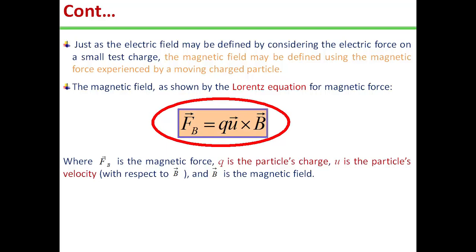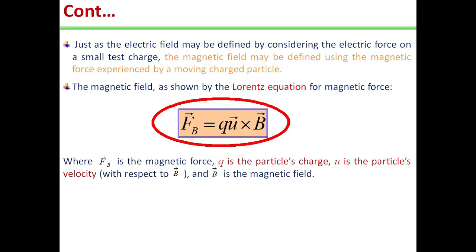So from this equation we can say that the magnetic field is directly proportional to the magnetic force, and also that the magnetic field may be defined through the force experienced by a small test charge.